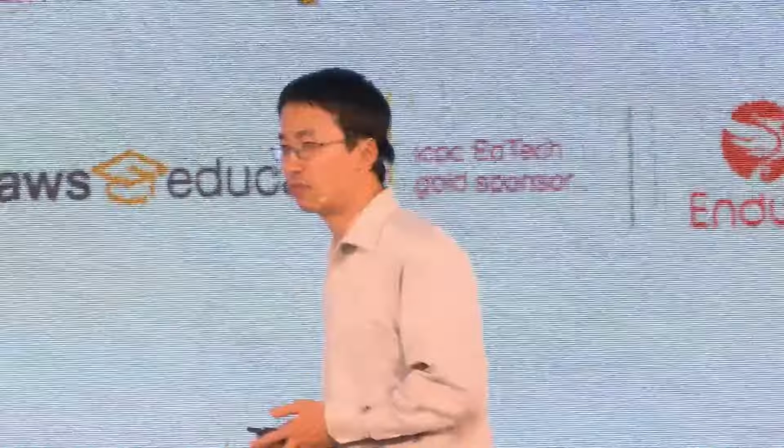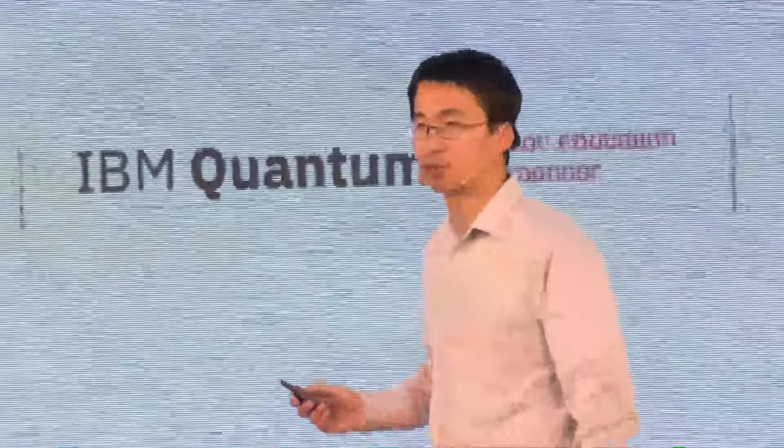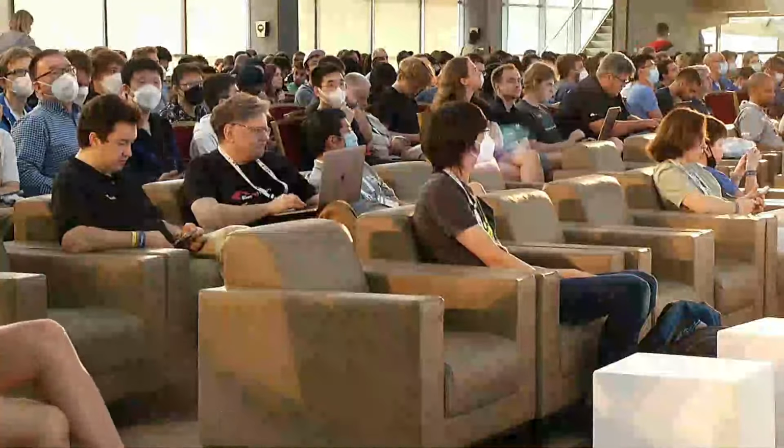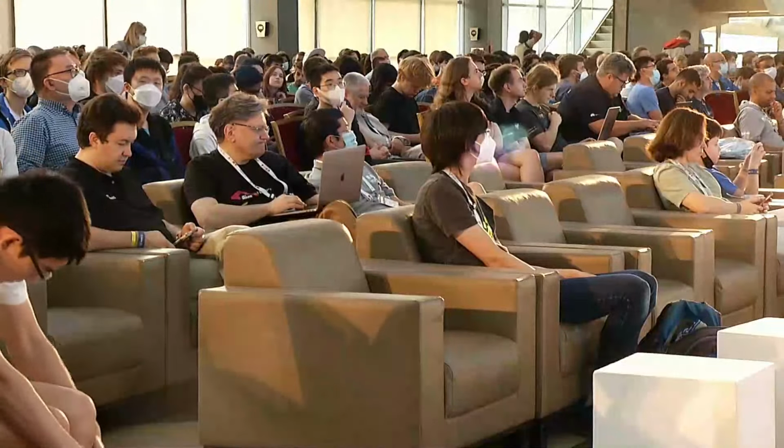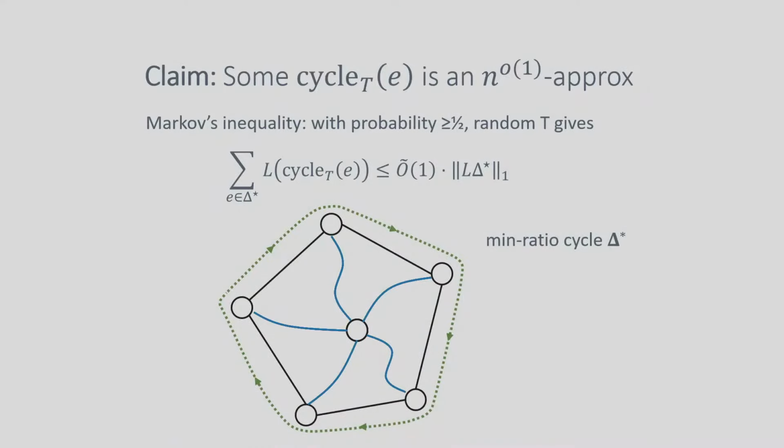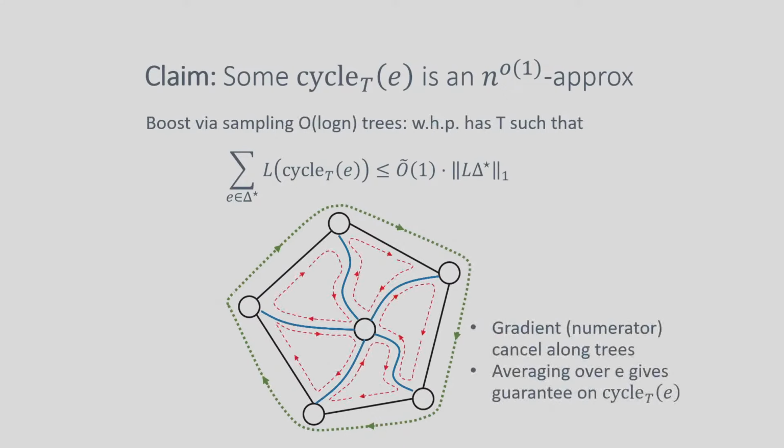And now you do Markov. Markov says that with probability of half, you're going to get a tree where this is true. So if you generate such trees at random, with probability of half you get that the distortion, the length of the cycle against that tree, is less or equal to some small factor times the actual length.